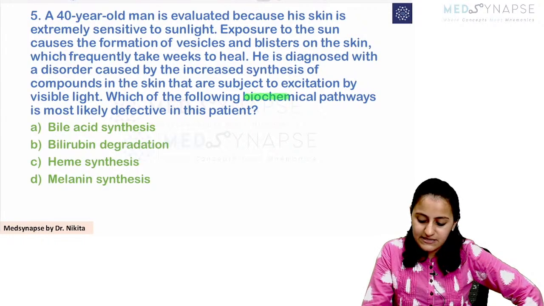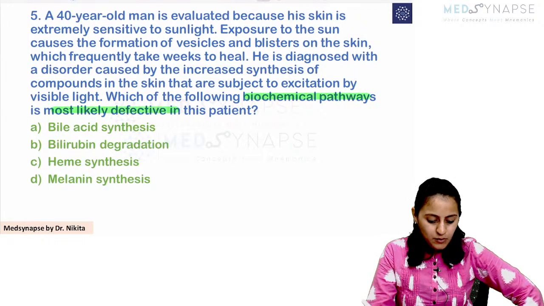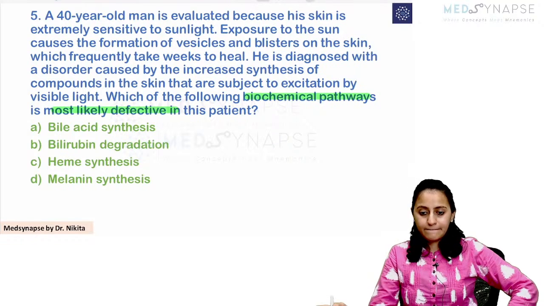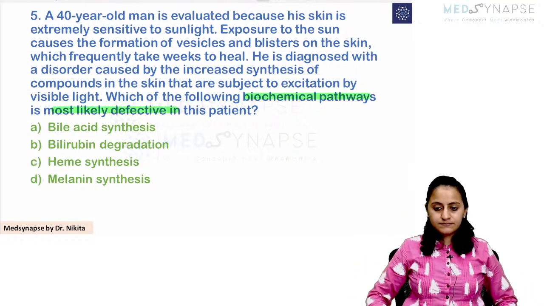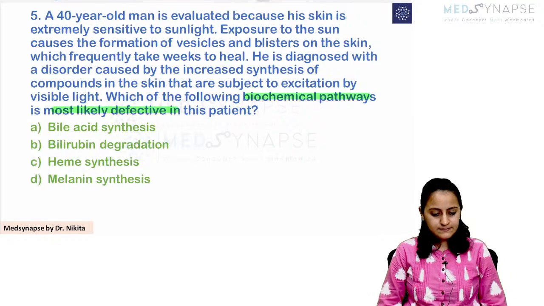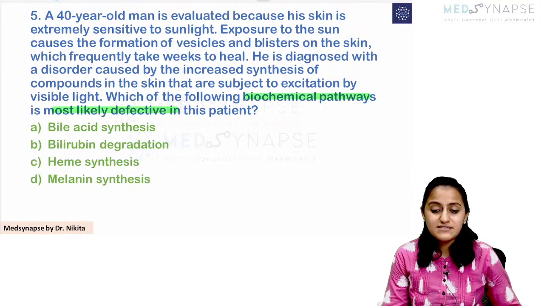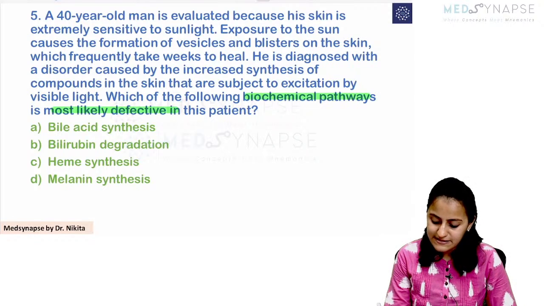So what are we seeing defective in this patient? What is the answer to this one? Very good. It is heme synthesis, because what is the diagnosis in this patient?